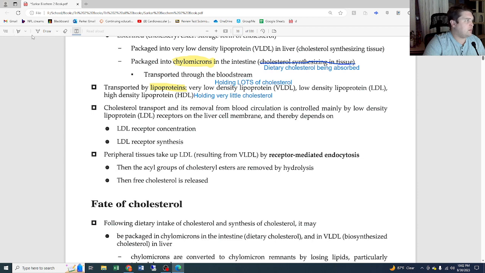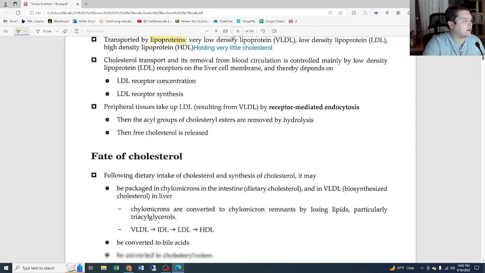Receptor-mediated means that there's a receptor that needs to be involved. Endocytosis, the cytosis is like swallowing or absorbing or taking in. Endocytosis is bringing it inside of the cell. Then the acyl groups of cholesterol esters are removed by hydrolysis, and then free cholesterol is released inside of the cells.